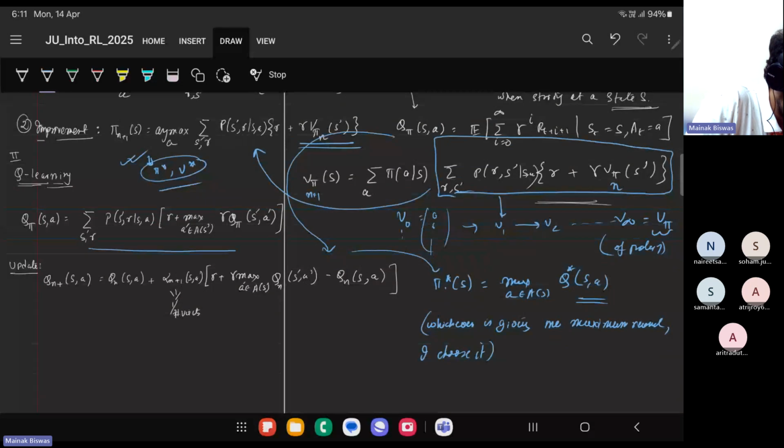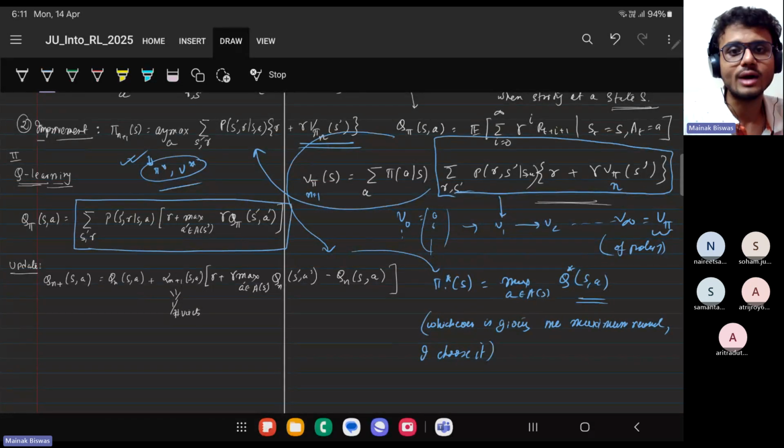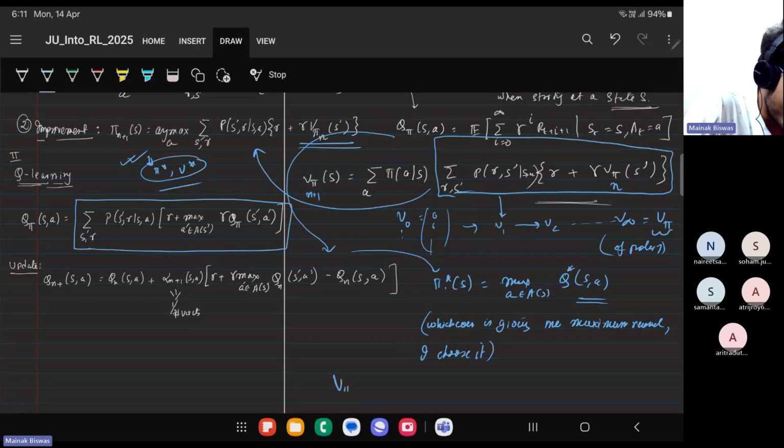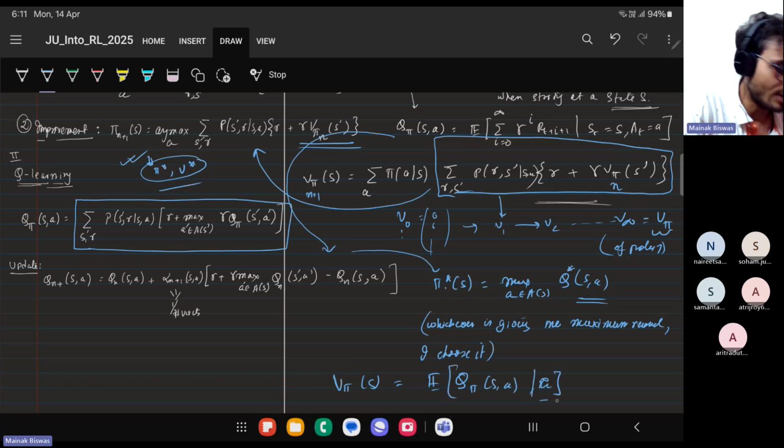This is the Q value function. Whatever is the inner summation is actually the Q value. And remember, the value function is nothing but the expected Q value over all actions, so you take a summation over the policy's actions.